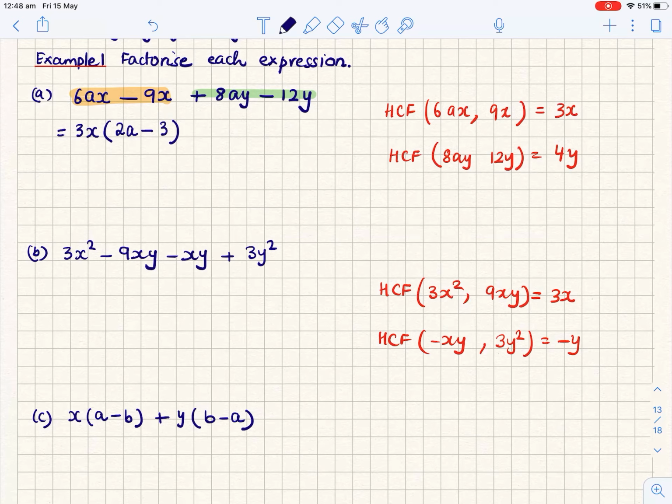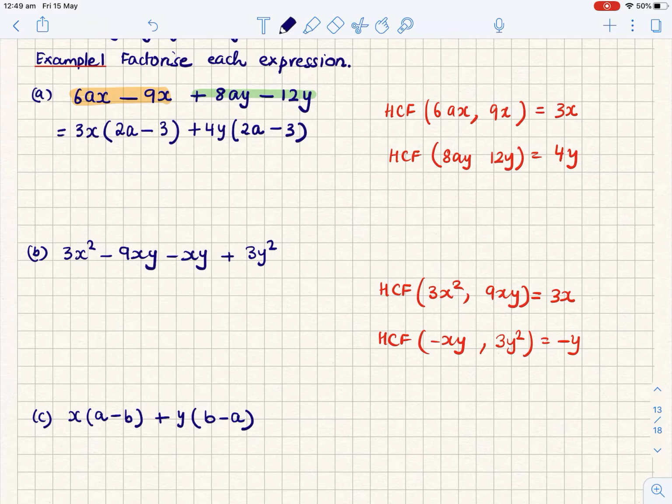Now, highest common factor of 8ay and 12y is 4y. So I write 4y here and then the parenthesis. That gives you 8ay divided by 4y is 2a. And then 12y divided by 4y is 3.